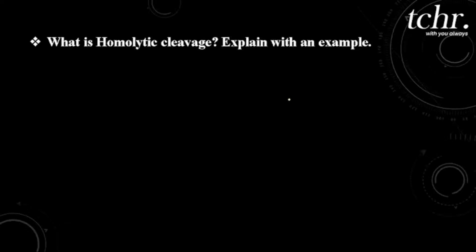Students, you know that whenever a covalent bond is present between two atoms, breaking of the covalent bond can happen in 2 ways. One is homolytic cleavage, otherwise called homolysis, and the next one is heterolytic cleavage, otherwise called heterolysis.